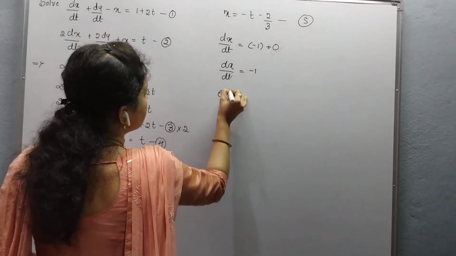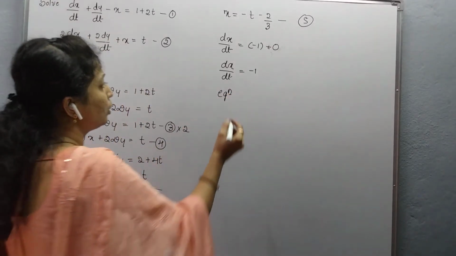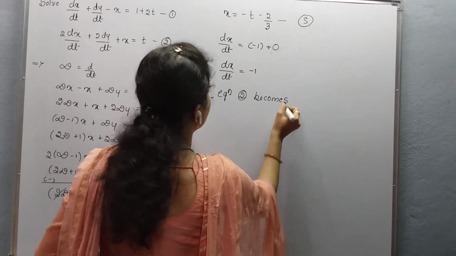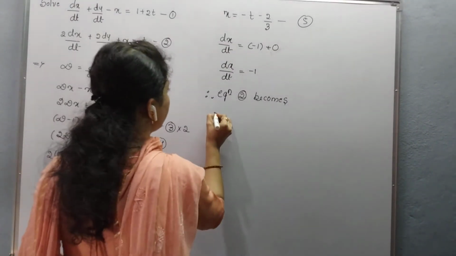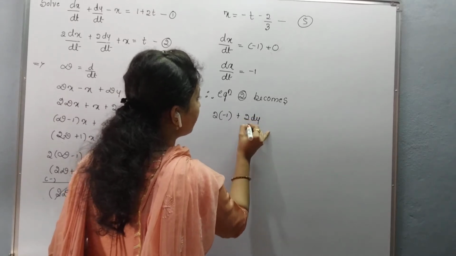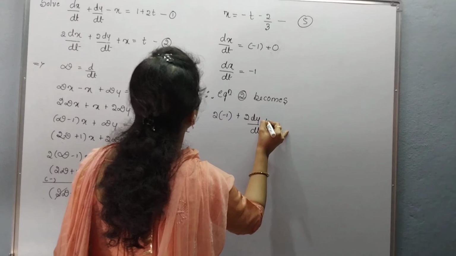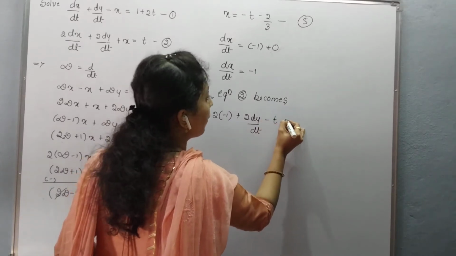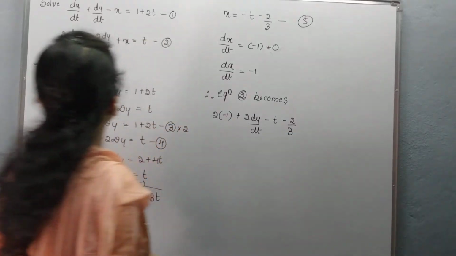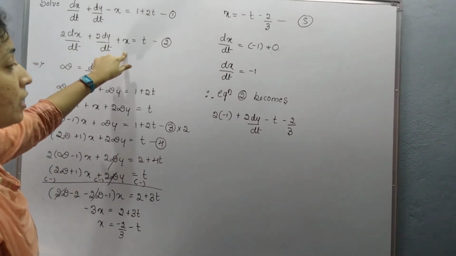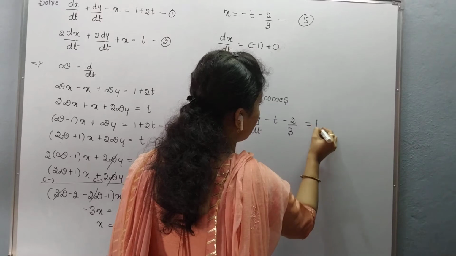Now I can put this value in equation 1 or equation 2. So I can consider equation 2. Therefore equation 2 becomes 2 into dx upon dt, that is minus 1, plus 2 dy by dt plus x, where x is minus t minus 2 by 3, is equal to t.